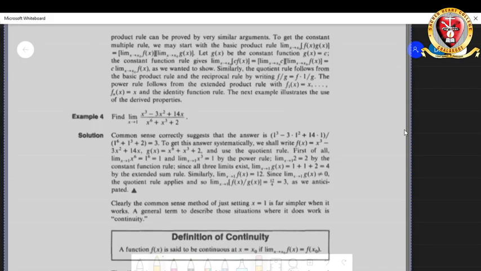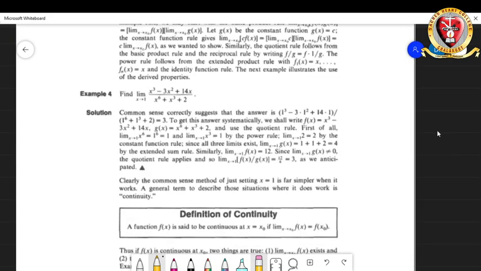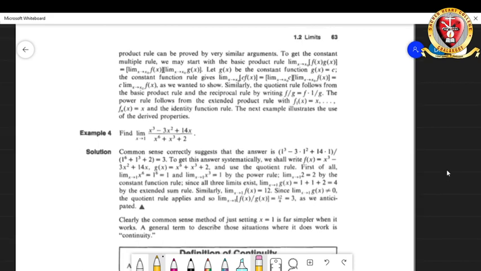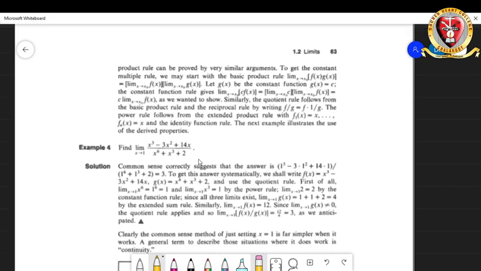So let's see example 4 and wind up this lecture. Example 4 says to find limit x tends to 1, x cubed minus 3x square plus 14x divided by x raised to 6 plus x cubed plus 2.